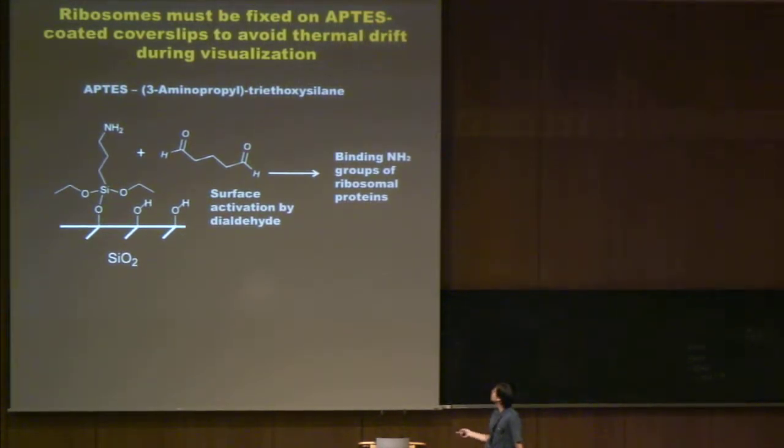This is the best way we have found. The molecule 3-aminopropyl triethoxysilane can bind the amino groups of ribosomal proteins. So this is a way to fix them.